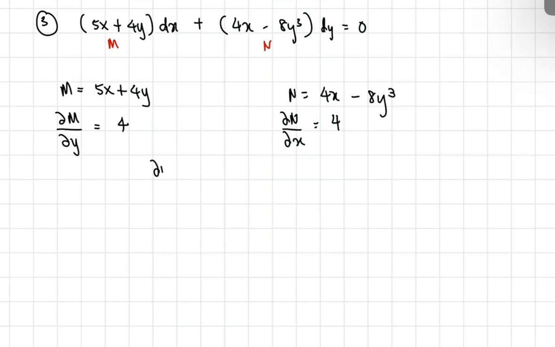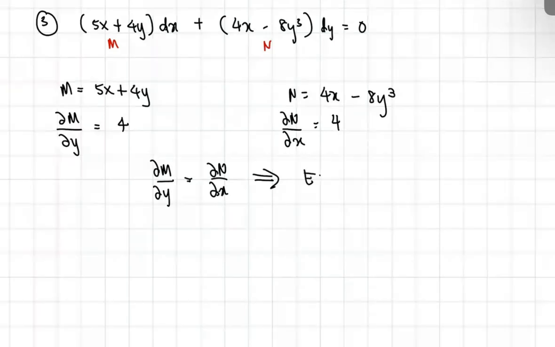Both are giving the same number 4, so del m over del y is equal to del n over del x. The conclusion: this is an exact equation.